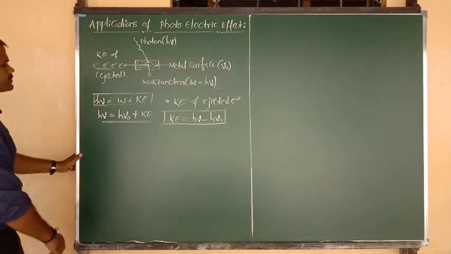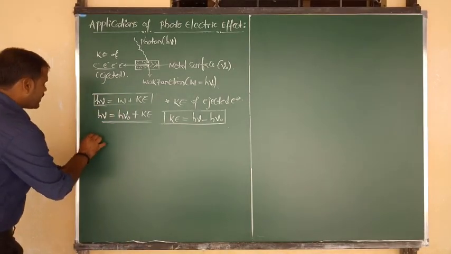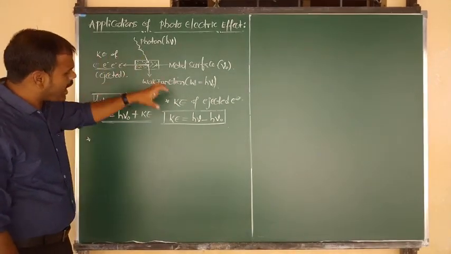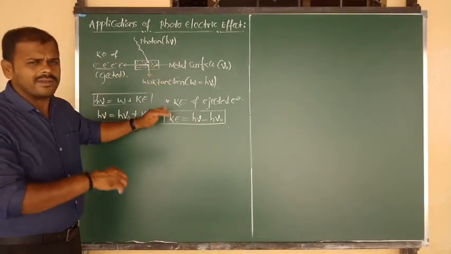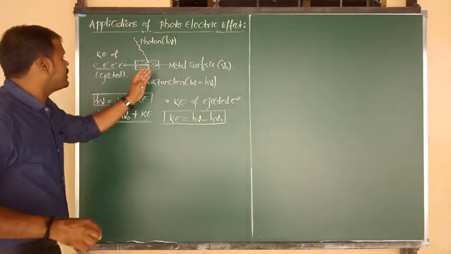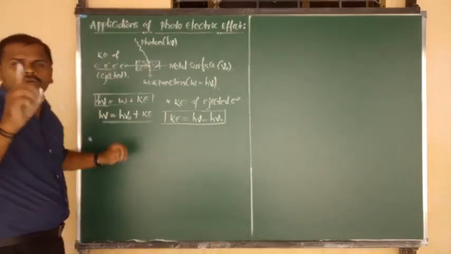Very good. Now I am going to tell you some other application-related points. What I have told you up to now, we have studied clearly in the last video. What is the required condition to exhibit the photoelectric effect?